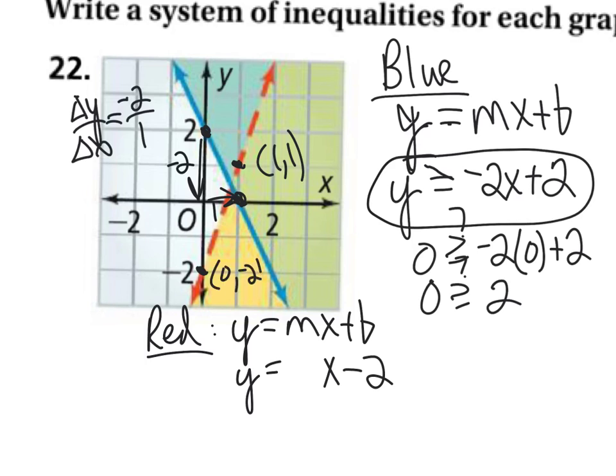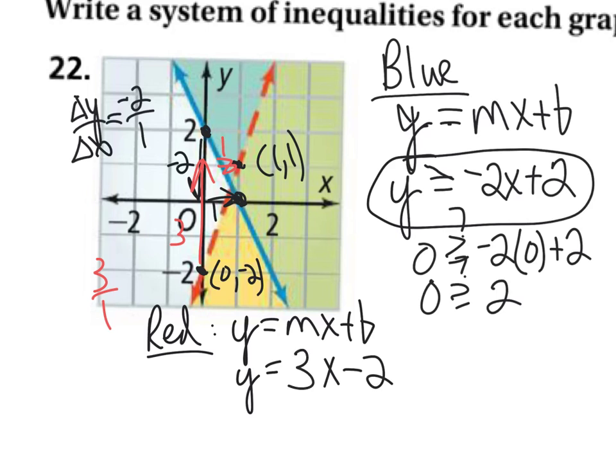So 0, negative 2 up to 1, 1. So that would be going up 1, 2, 3, and over 1. So up 3 and over 1.